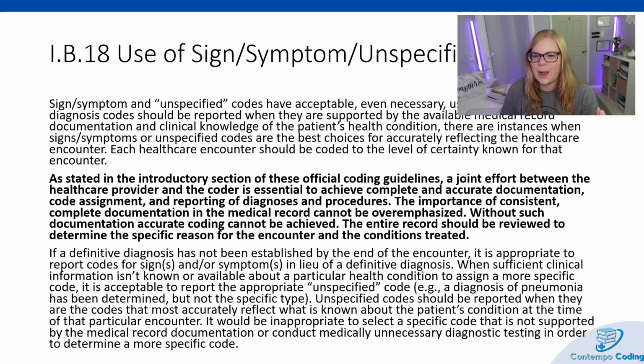It says cannot be overemphasized, and without such documentation, accurate coding cannot be achieved. So really stressing about how it is truly the level of specificity in the documentation that has to drive that diagnosis code selection, and the entire record should be reviewed to determine the specific reason for the encounter and the conditions treated.